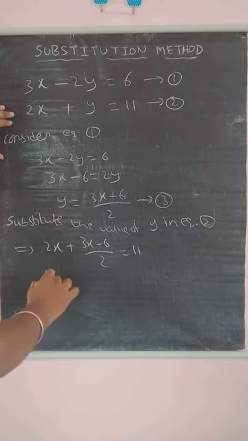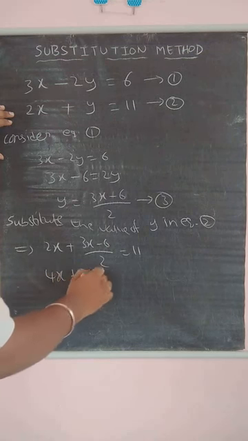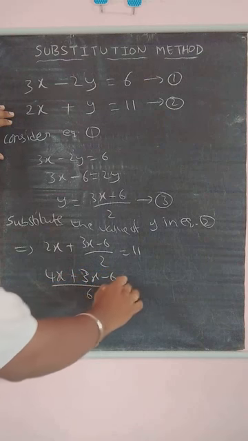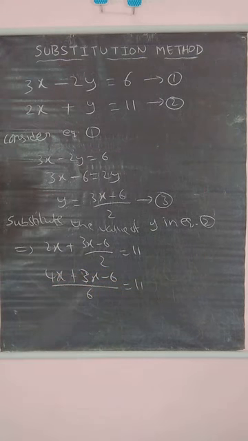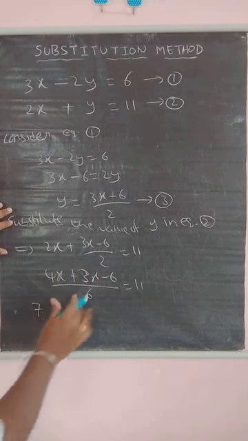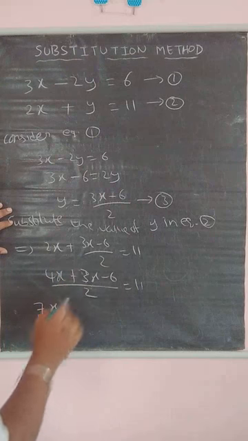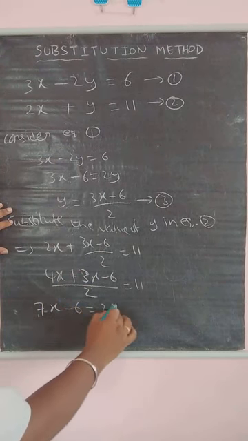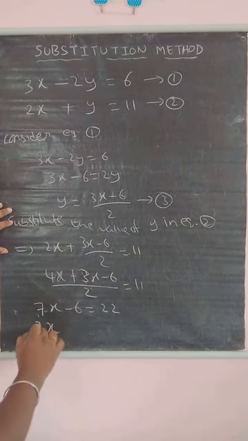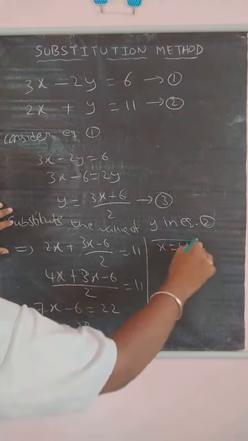Take LCM, 4x plus 3x minus 6 by 6 equals 11 by 2. So 7x minus 6 equals 22. 7x equals 28 and x equals 4.